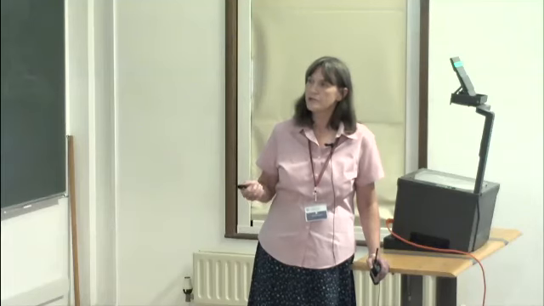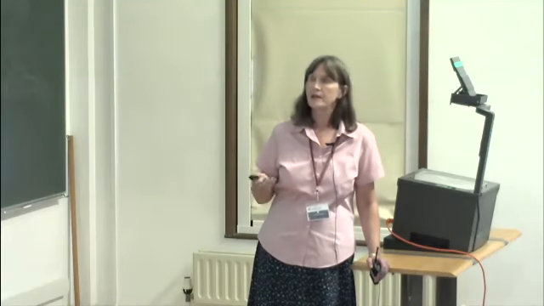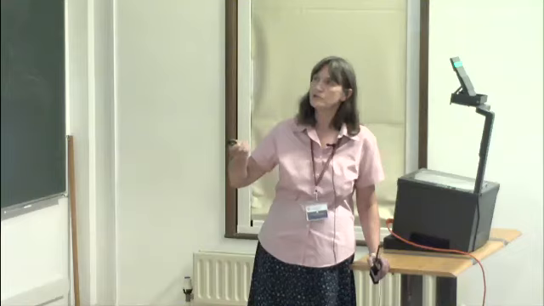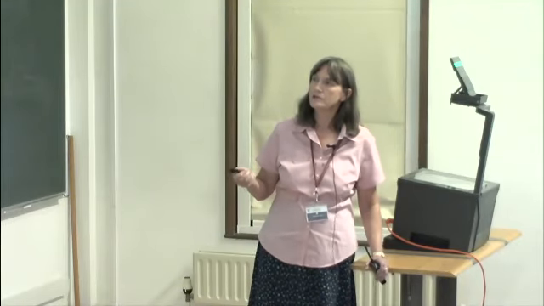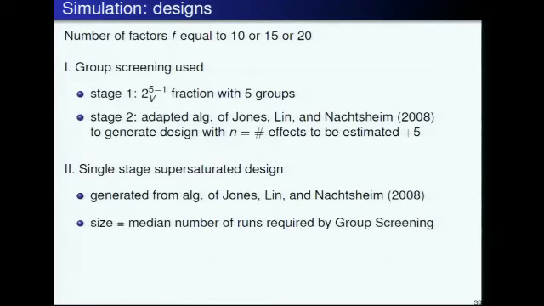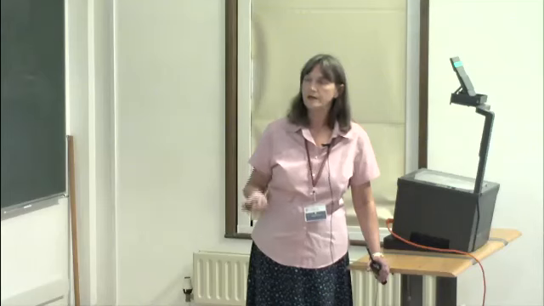We decided not to do that because in practice, if you're trying to choose between these two strategies, you wouldn't be able to match up one run of a group screening design with one supersaturated design. But you can go to a website, which again I can give you information on later, which will tell you what the expected size of a group screening design is for given parameter sizes, and therefore you can pick, if you wanted to, or you could see whether the supersaturated design that you were thinking of using was that same size, smaller or bigger.